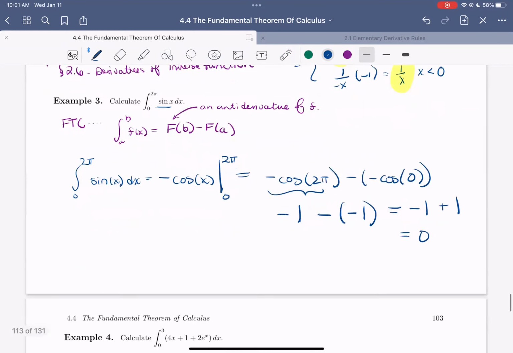Let's just check. Should this make sense? Well, this integral here from 0 to 2 pi of sine of x tells us we need to compute the area under the sine curve. Recall the sine curve starts at 0 and is cyclic, sinusoidal, it goes back and forth like this between positive 1 and negative 1.